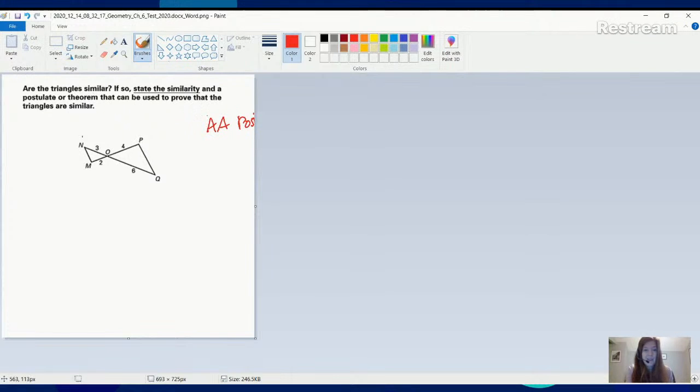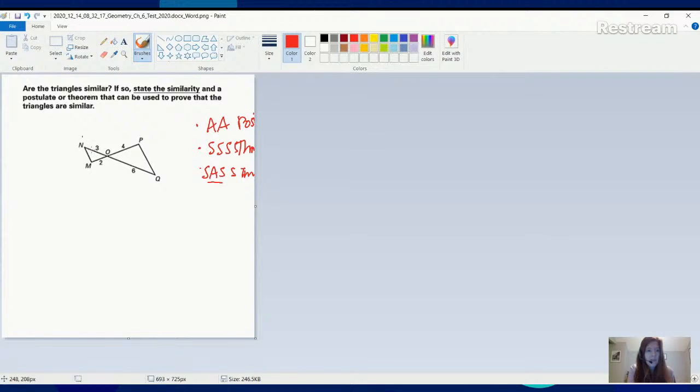Well, I don't have any angles right now, so that's probably not a good contender. I've got the side, side, side similarity theorem. I have two of the three sides, and I don't have a right triangle, so I can't figure out the third side. Or I have the side, angle, side similarity theorem. That's my other choice. I don't have quite enough information in this picture yet, but the side angle side is promising because of my good friend vertical angles.